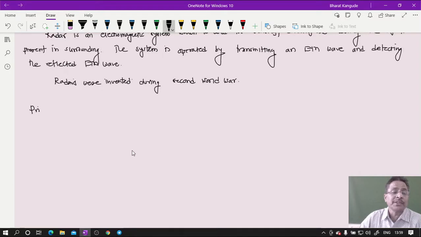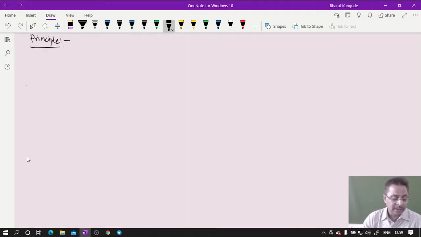Now let us go for the principle, and also the diagram. Before that, we will draw a very simple diagram, and then I will write something about the principle. Now what is this diagram? There is one device which is a transmitter.